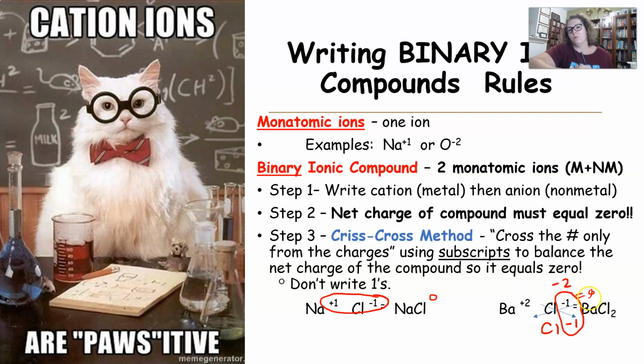Instead of doing all that work, there's a quick little trick, the crisscross. Cross only the number on the charge down to make it look like a subscript, and do the same with the 1, but we just don't write the 1s. Then you get BaCl2. I have a 1 to 2 ratio, 1 barium for every 2 chlorines.